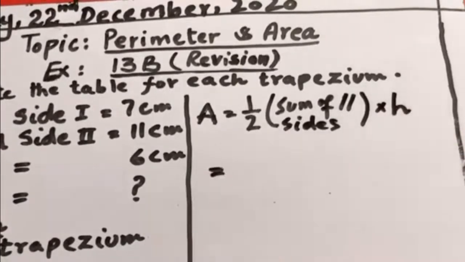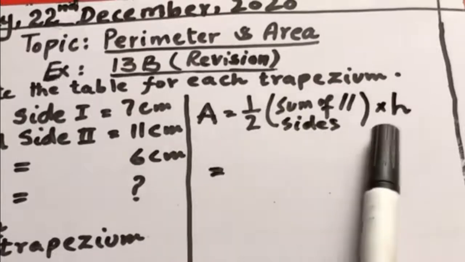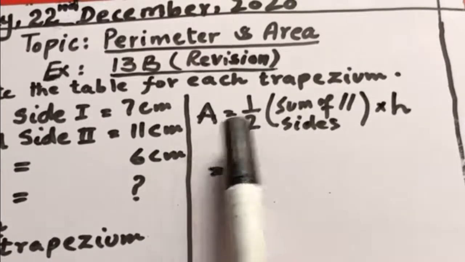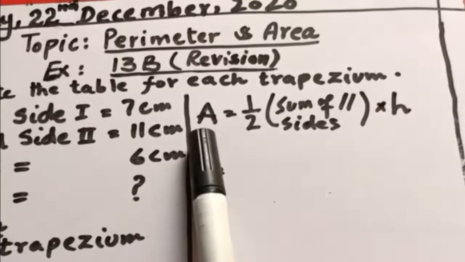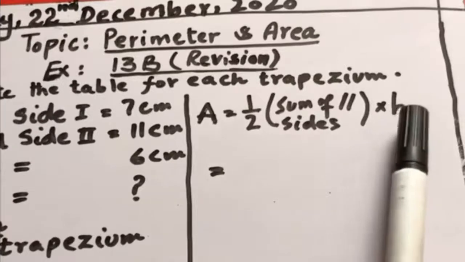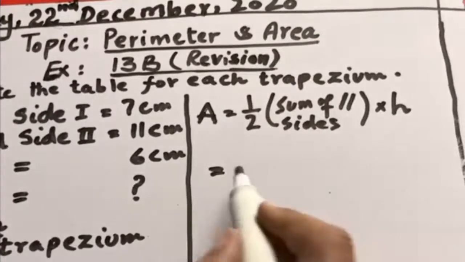Now we will put the values. It is the formula to find the area of a trapezium, which is area is equal to 1/2 into sum of parallel sides multiplied by height. So we'll put the values.